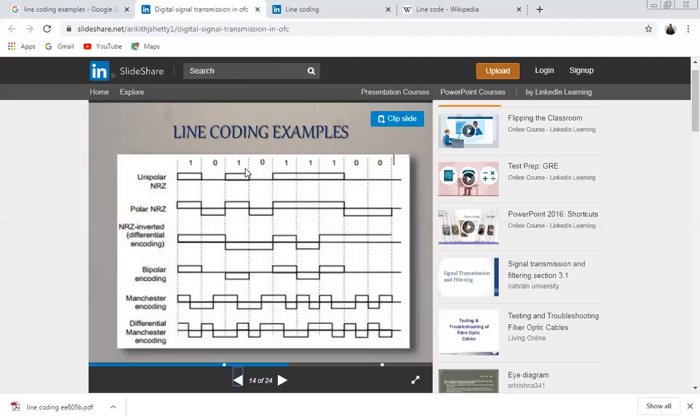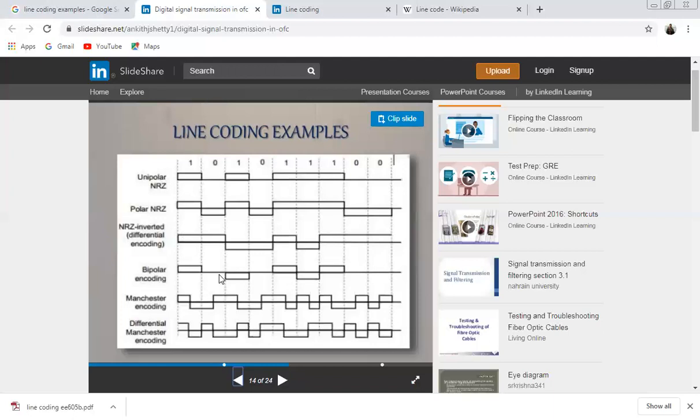If it changes from 0 to 1, then it is inverted. 0 to 1 is inverted, but 1 to 0 is not inverted. Then again 1 to 0, no change. Here 1 to 0, no change. Here the same, 1 to 0, no change.